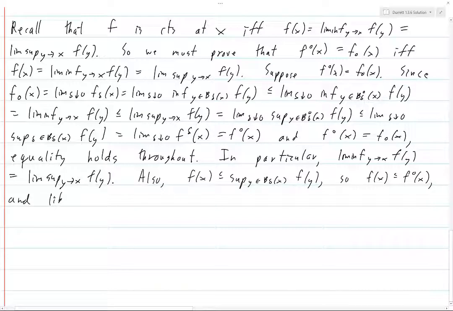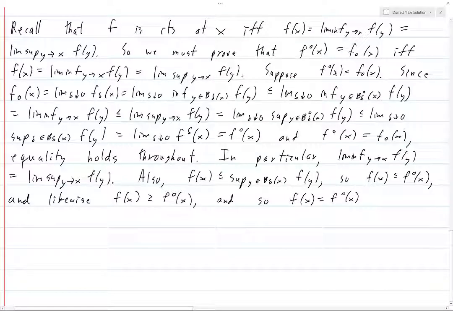And if we do the same thing, but with infimums and reversing the inequalities, f of x is also going to be greater than or equal to f lower 0 of x. And so, since f upper 0 of x equals f lower 0 of x, f of x equals f upper 0 of x.